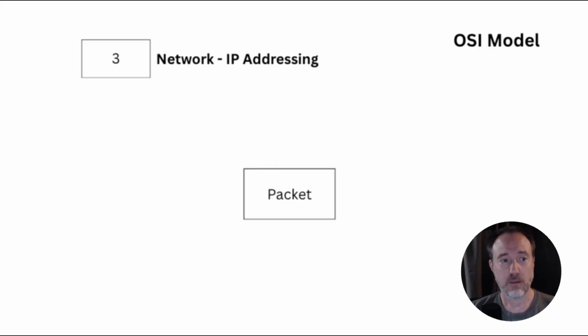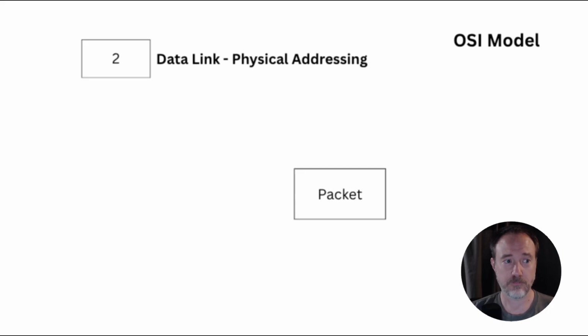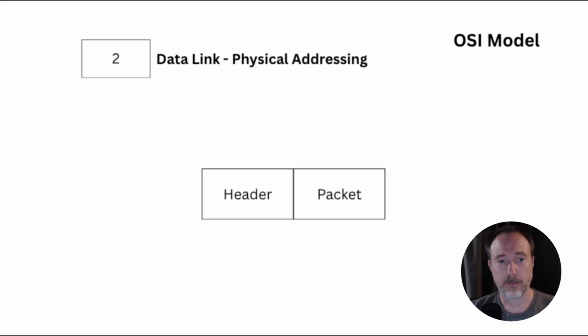All right. The packet then gets handed down to layer 2, which is the data link layer. Once this is at the data link layer, it's responsible for the physical addressing. The data link layer adds its own header to the packet, depending on what protocol you're using at layer 2.